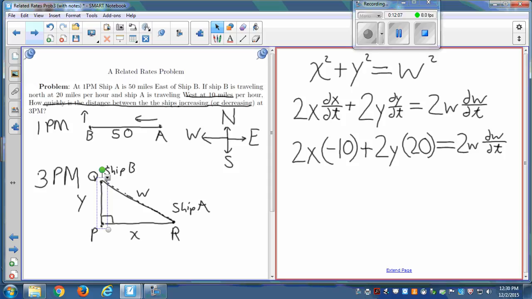So we can simplify this a little bit to get -20x plus 40y equal to 2w dw/dt.